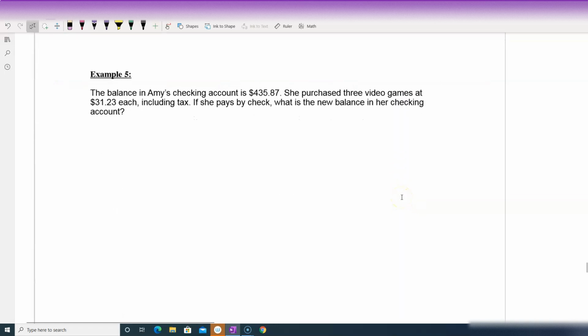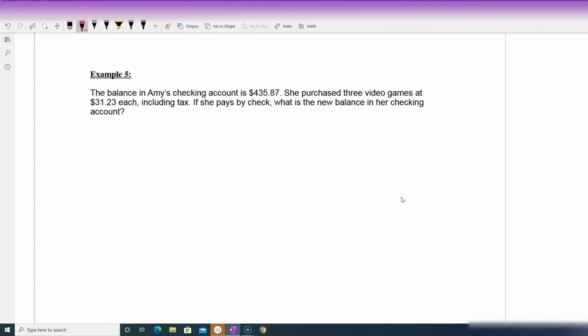Example number 5. The balance in Amy's checking account is $435.87. She is purchasing three video games at $31.23 each, and this is including tax.